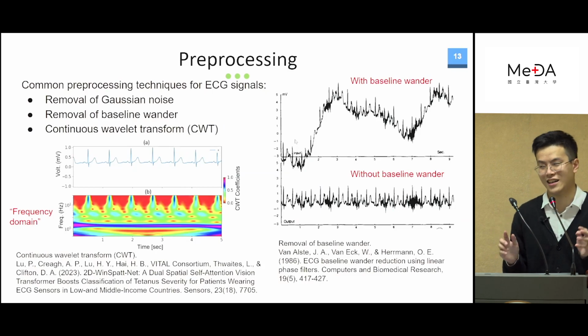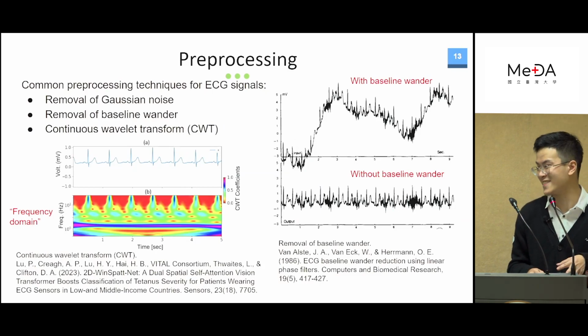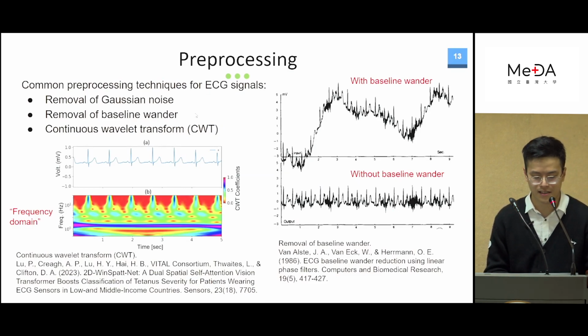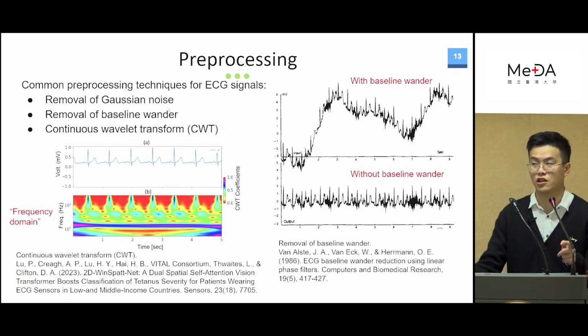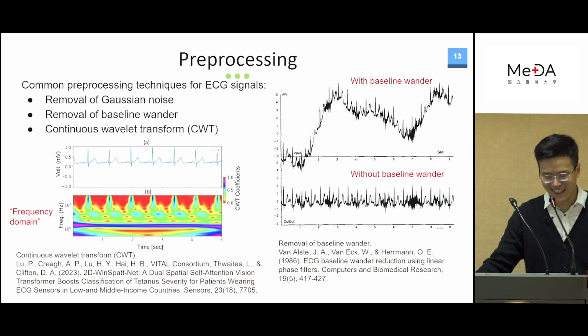As for the preprocessing, there are three things that I want to talk about. The first two are a pretty standard way of dealing with ECG data. The first one is removal of Gaussian noise. Gaussian noise is just like white noise, so it happens during measurement, and we're going to remove that. And usually we want to remove baseline wander, as the picture on the right shows.